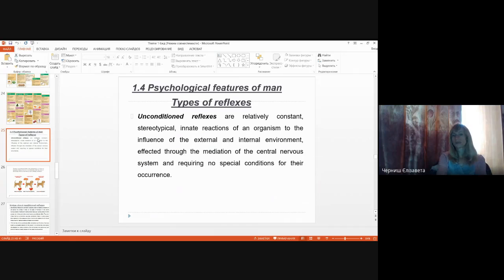Of course, I think you know about unconditional and conditional reflexes, related to different reactions of our organism. Unconditional reflexes are related to constant stereotypical reactions of the organism to the influence of the external and internal environment, and they require no special conditions for their occurrence.